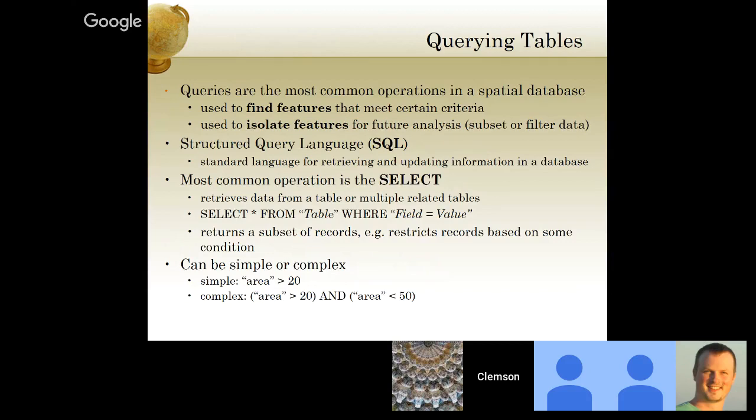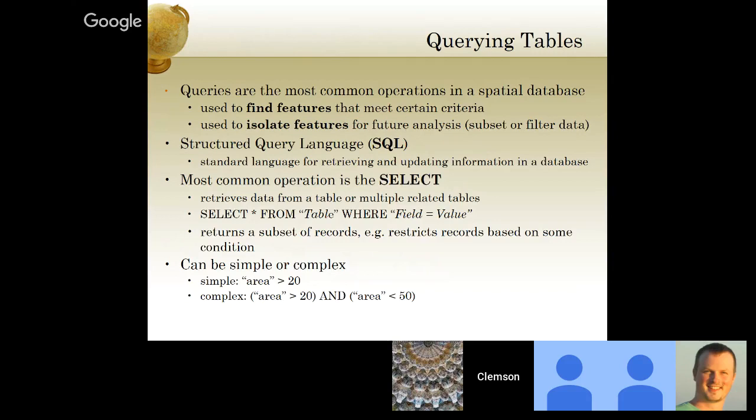They can be simple things, here at the bottom, where it's some polygon with an area greater than 20 units. They can be a little more complex, combining multiple statements together. So identify those with area greater than 20 and less than 50, so multiple criteria combined. The way we generate our selection statements is using the structured query language, or SQL.